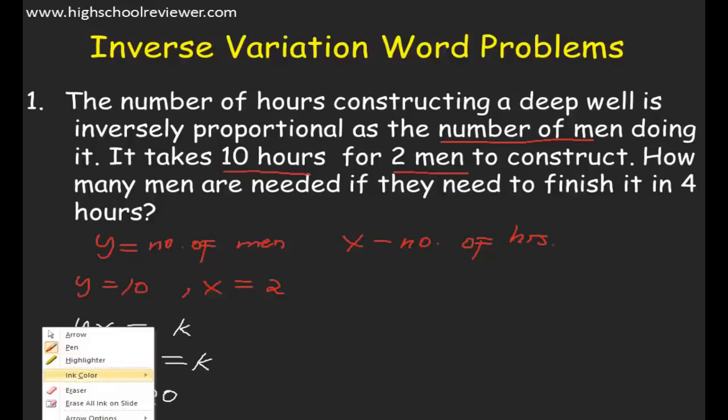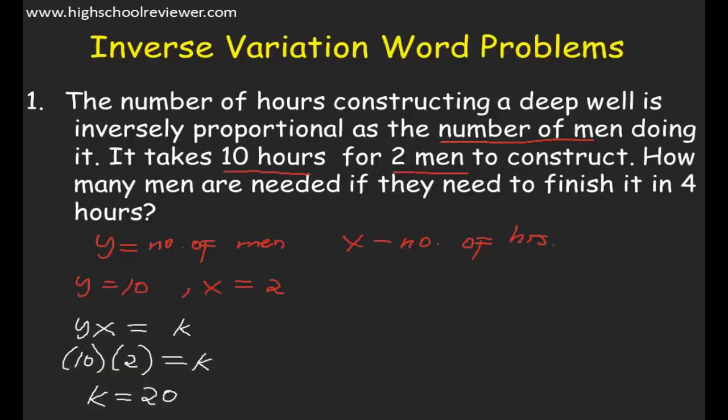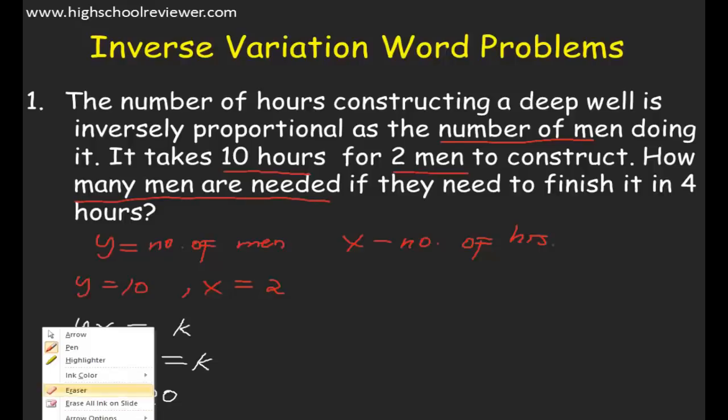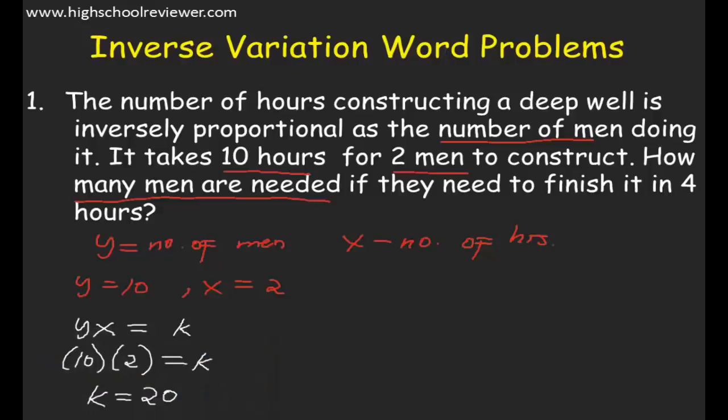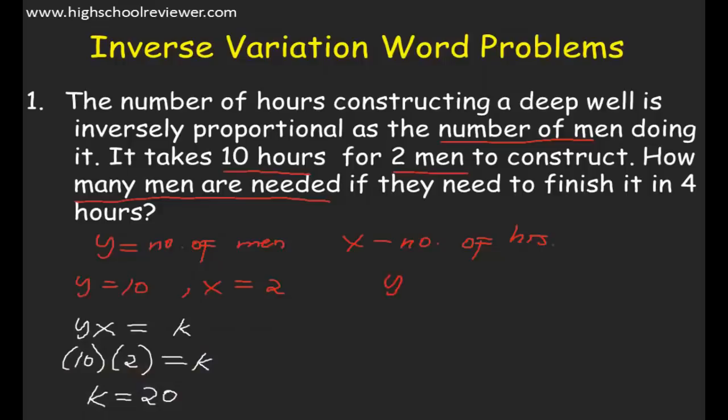We will then find the second values of Y and X. How many men are needed? So the number of men, or the second value for Y, is the unknown. So this will be represented by the question mark. So our Y here is the unknown when X is equal to 4, or 4 hours.